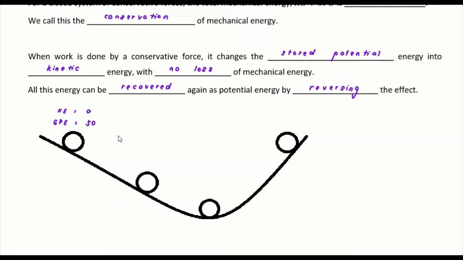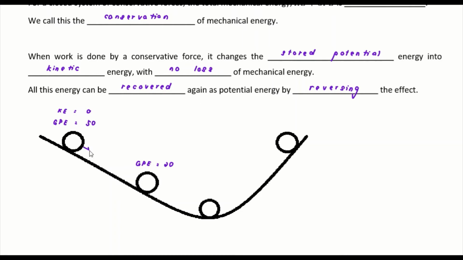You can imagine, when this thing starts to move, the height is reducing, so we can expect that the GPE is going to be reduced. In this case, maybe the GPE is going to be only 20 here. So you can see the GPE actually decreases by 30 joules. Where does this 30 joules go?